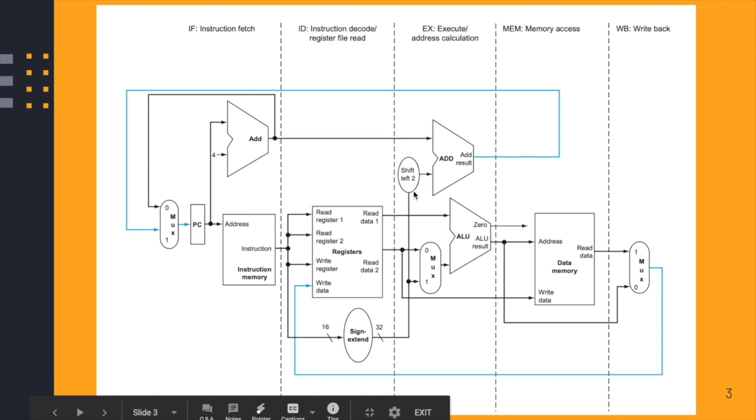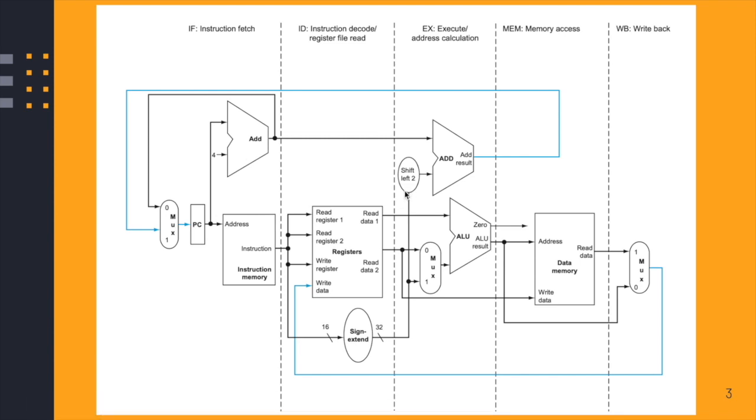And if you remember, what does shift left by 2 perform? Shift left by 2 corresponds to multiplying the value by 4. Why should I multiply the value given to me by 4? Because the value in the offset field of the branch on equal instruction is in words, meaning that if it is 1, you need to jump 1 word. If it is 2, you need to jump 2 words. If it is 3, you need to jump 3 words.